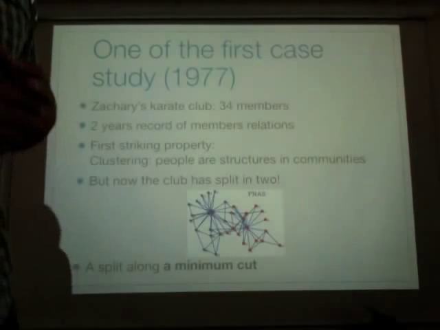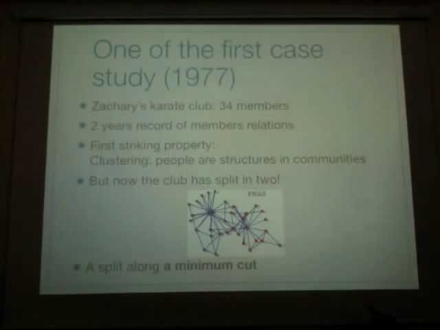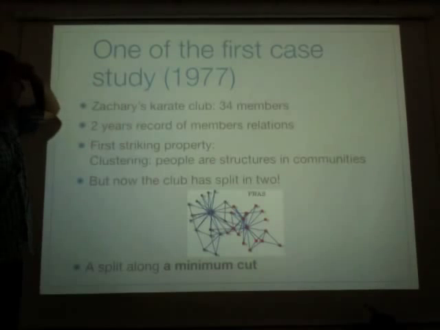So let's look at, so something like 40 years ago, it was really hard to get a network. Now at least we can get some networks through the internet and the connections and everything, or at least a private company can. And so here is an example of a very small one that was studied in 77.